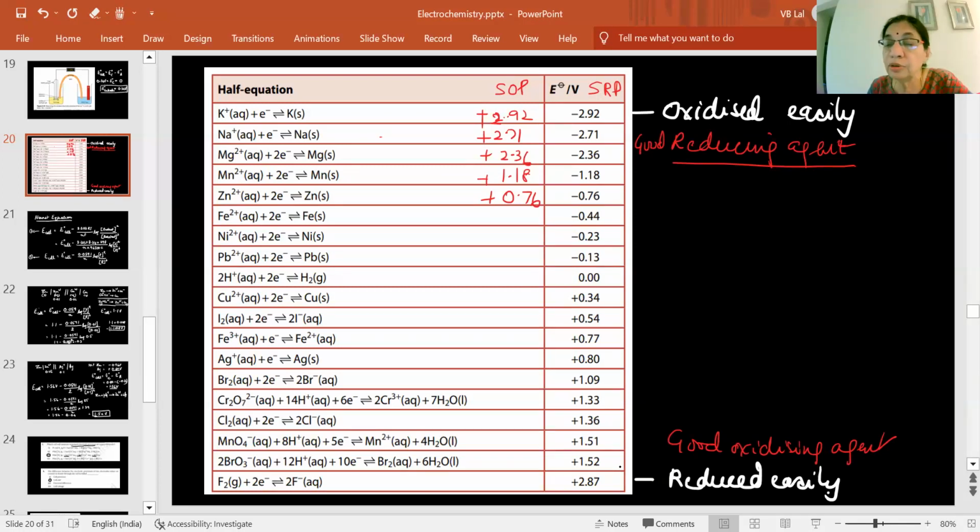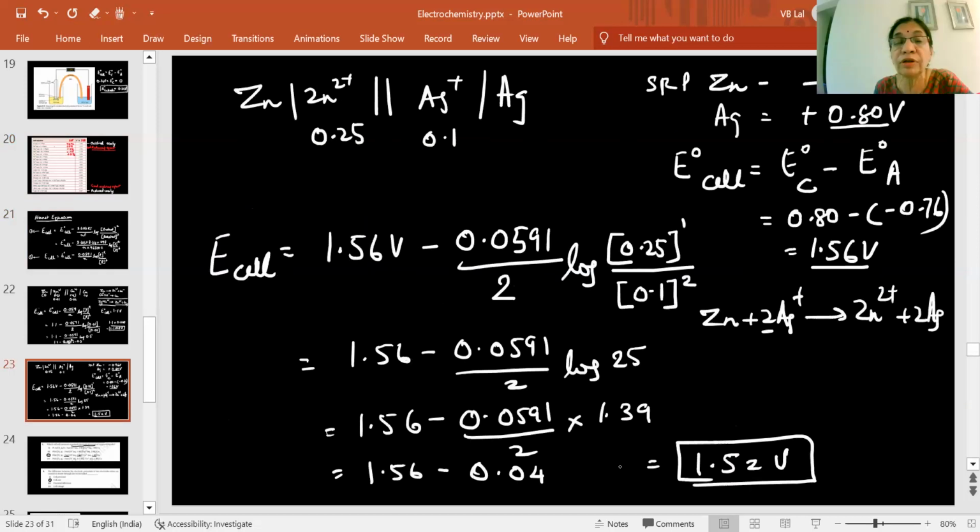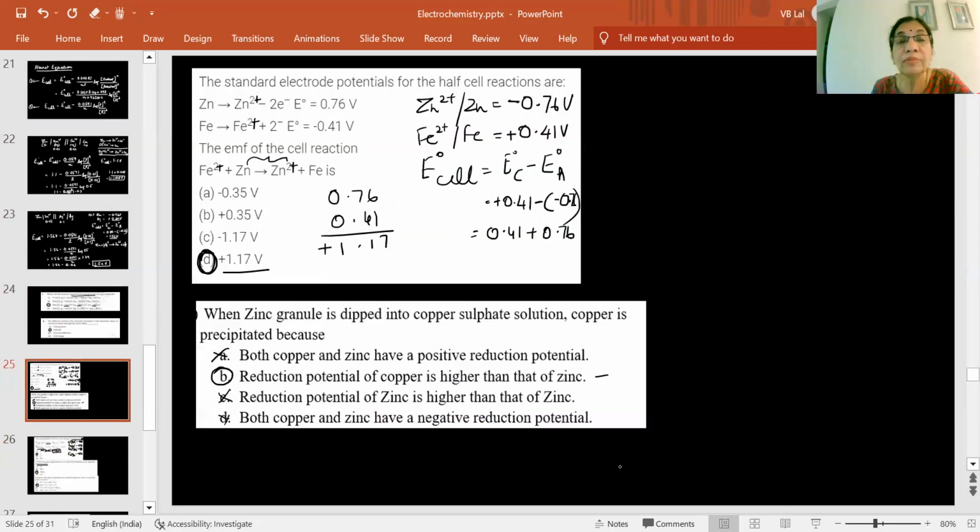The one which is reduced easily is a good oxidizing agent. And a good reducing agent is the one which has low SRP, the one which can get oxidized easily. Since it can get oxidized easily, it is a good reducing agent. So if you keep this in mind and then solve it.